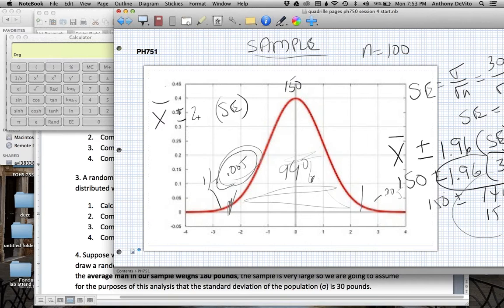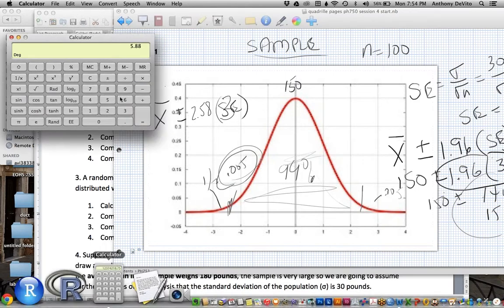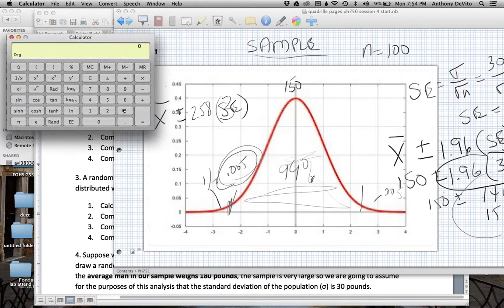So it's plus or minus 2.58 times the standard error, which is 3. So this time, what will we calculate this to be? 3 times 2.58 equals 7.74. I'm going to store that.